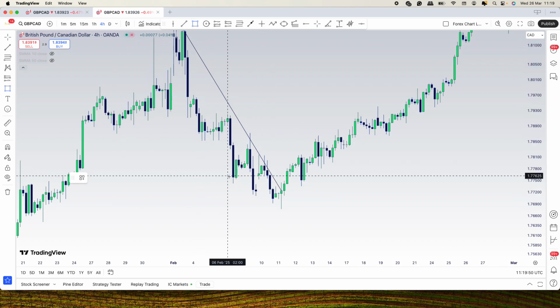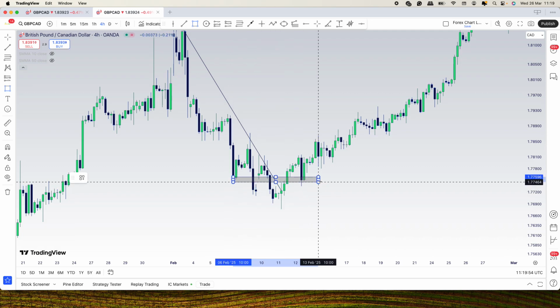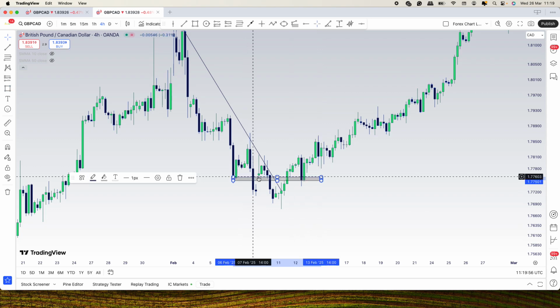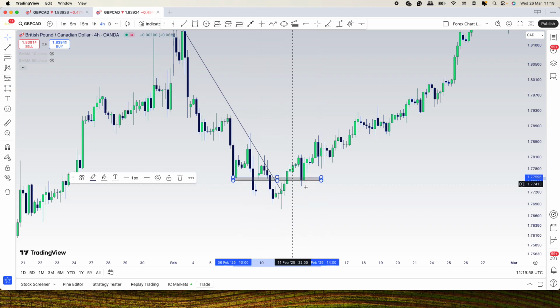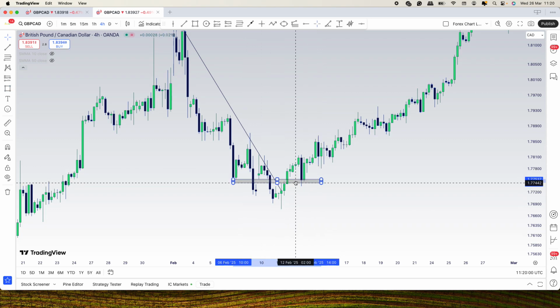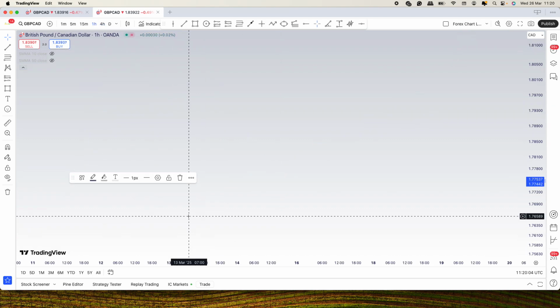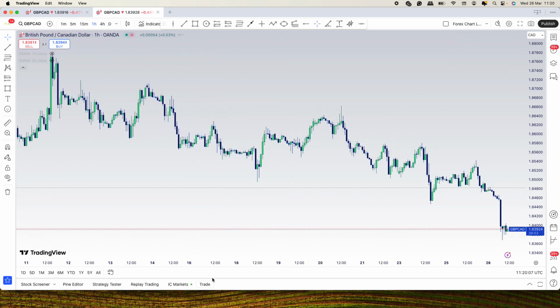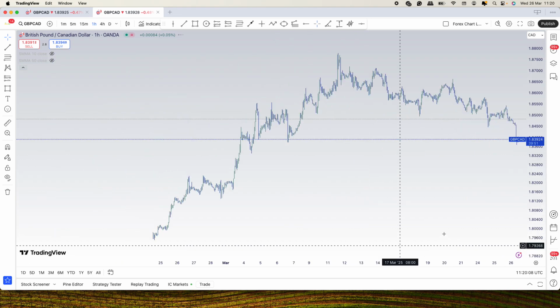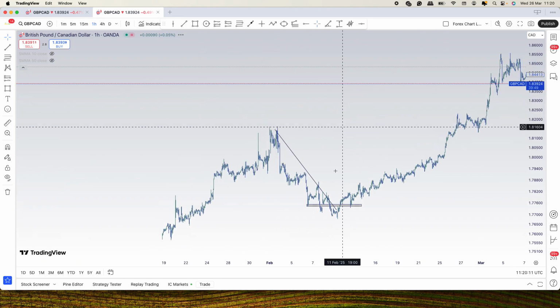Okay, so this is on the way up, so that's a really nice touch point, and we can see here that this is a level that is being respected. Maybe probably bring that down a little bit, because we've got these touches here on the 4 hour. If we go down to the 1 hour, you'll be able to see it a little bit more clearly.